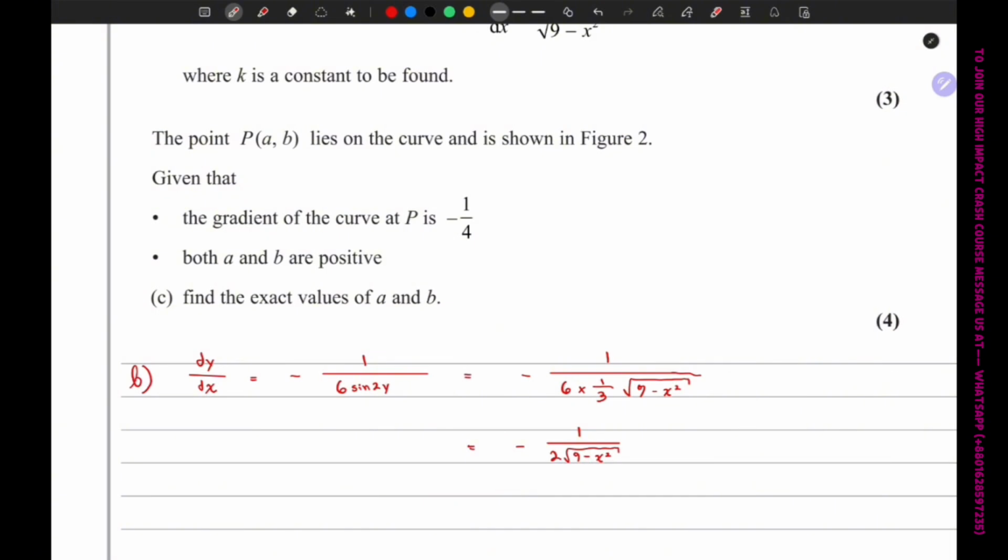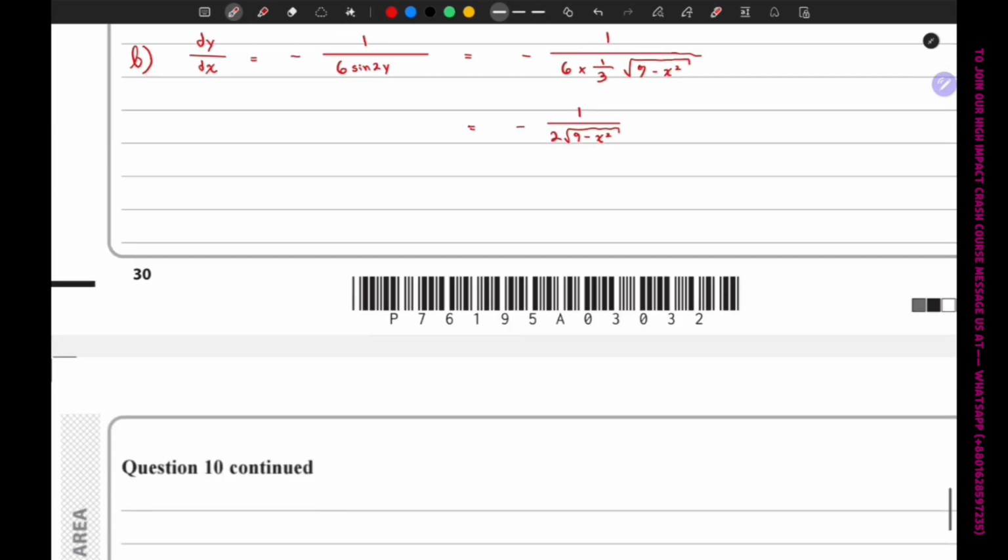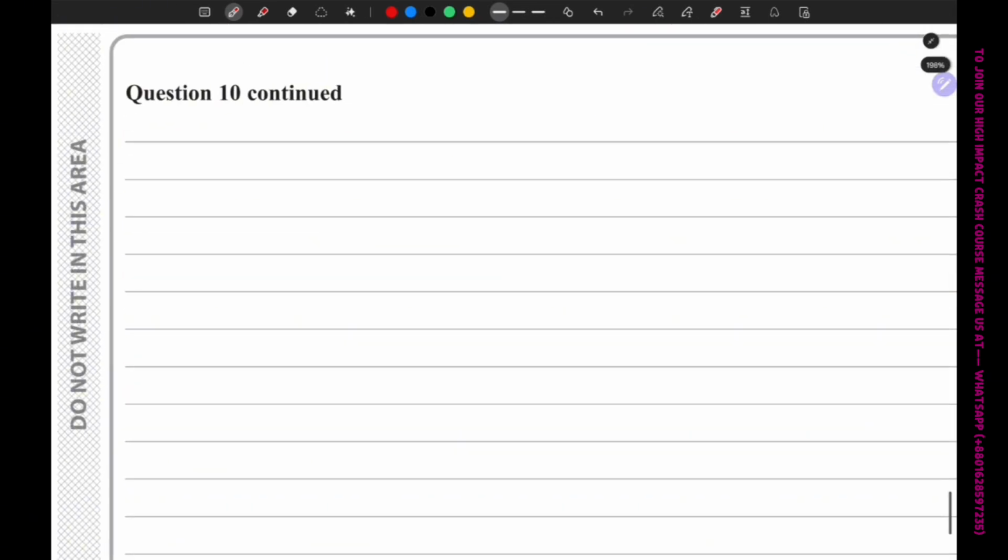So from this we can find out the value of a. So we know that dy over dx at x equals a is negative 1 over 4.